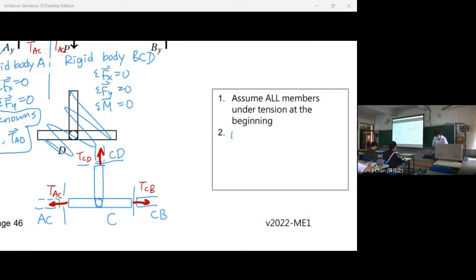So members can have compression or tension.